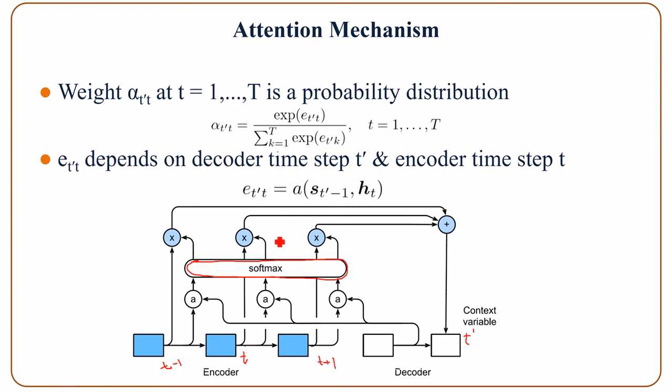Then correspondingly, we have the weights alpha_{t't}, alpha_{t',t+1}, and the previous one is alpha_{t',t-1}.